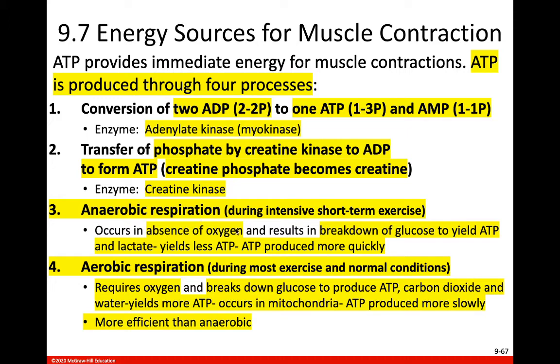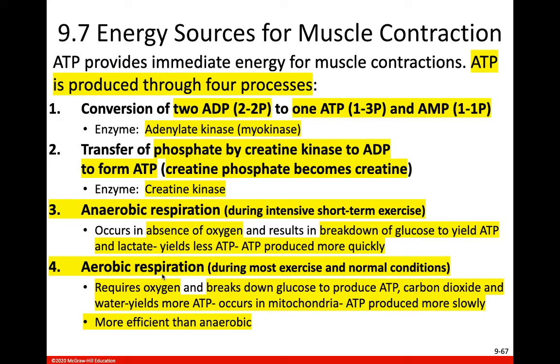And so again, when you start doing the anaerobic respiration, you're going to produce lactic acid, which is this lactate. It's going to build up in the muscle cell, and it's going to cause cramping and muscle fatigue. And so you can't do it for very long. You're going to be able to get ATP more quickly using this process, but again, it's not as efficient. You don't get as much ATP using anaerobic respiration as you do with aerobic respiration.